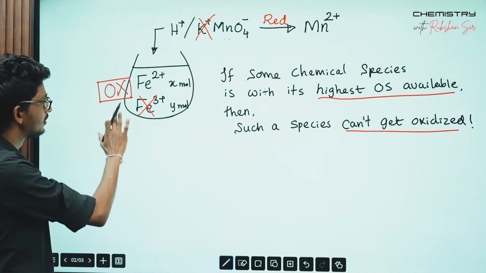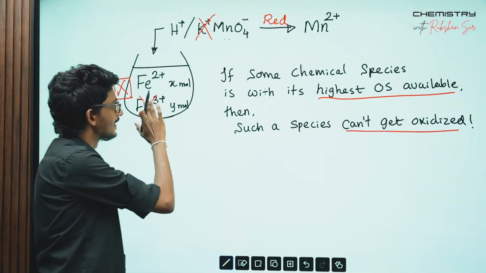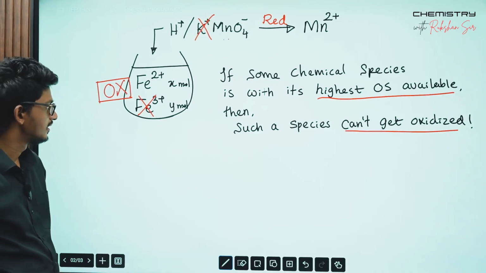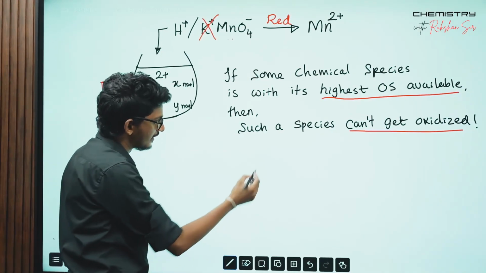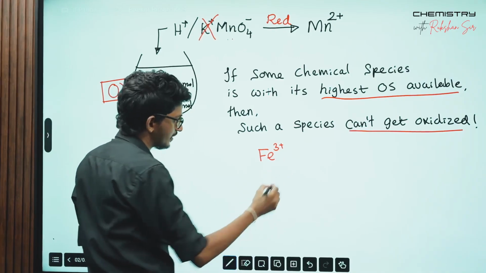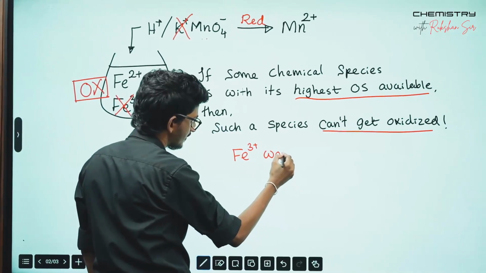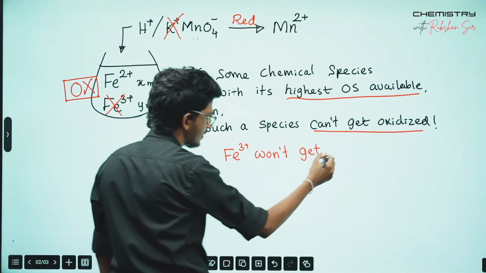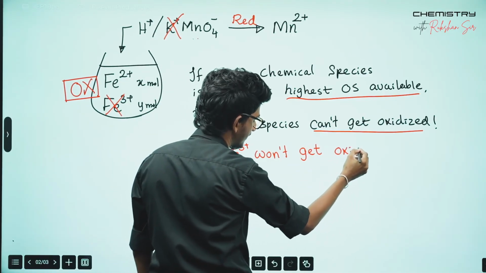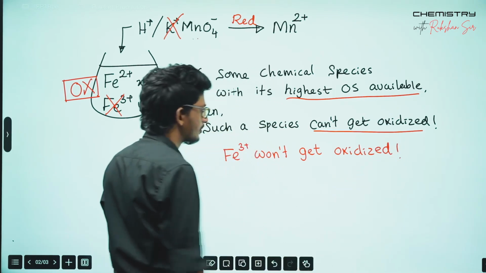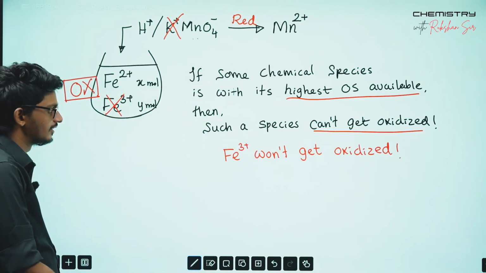So Fe3+ is not going to participate in a reaction here, right? The idea is clear, no? So we can say Fe3+ won't get oxidized, as it is with the highest oxidation state available.